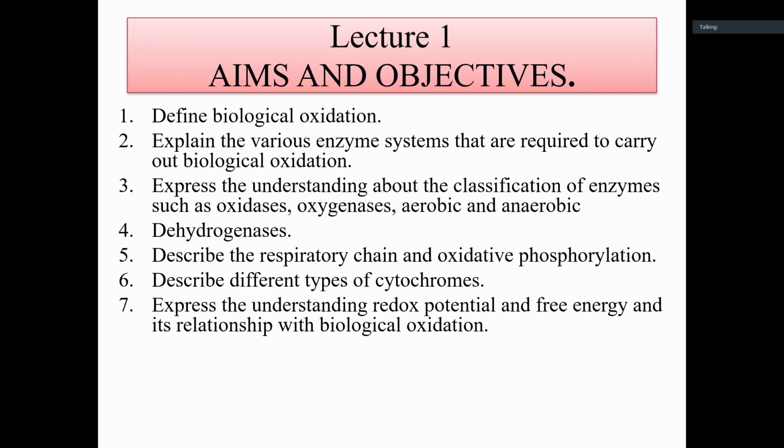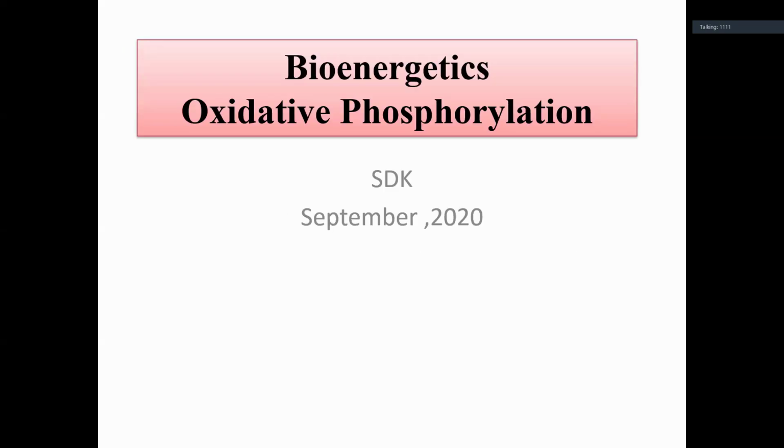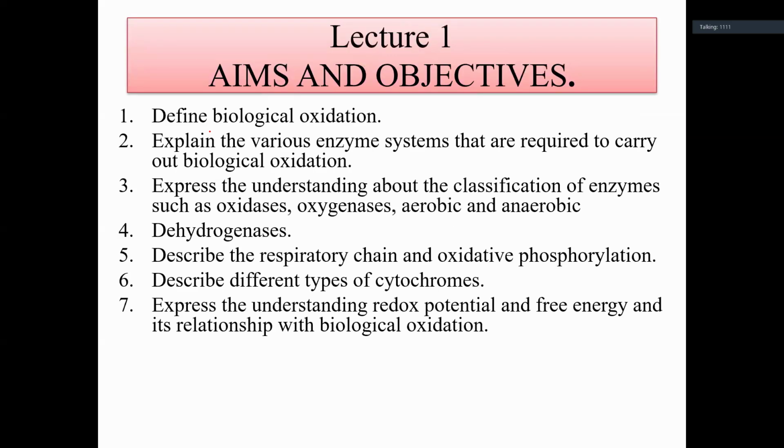Yes, clear. So the aims of this lecture will be, we will discuss bioenergetics and we will discuss the oxidative phosphorylation. So these will be our objectives. We'll define it. We will explain enzyme system.